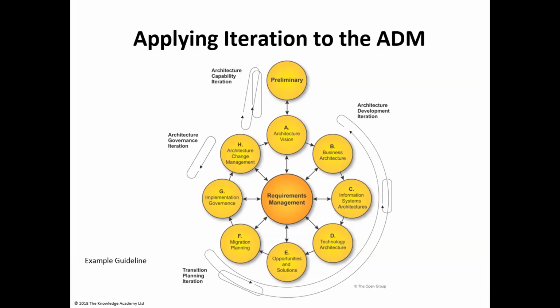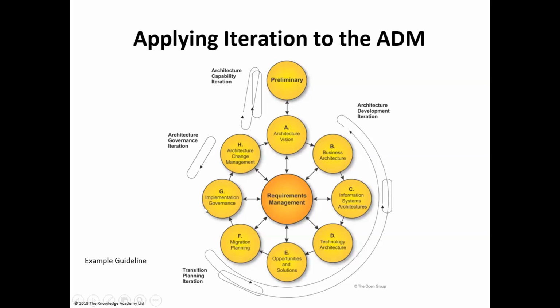Applying iteration to the ADM, there are three types of iteration you can see here. One, iteration within a single phase: you go through the single phase again and again to get a certain output. Second, iteration between two phases.